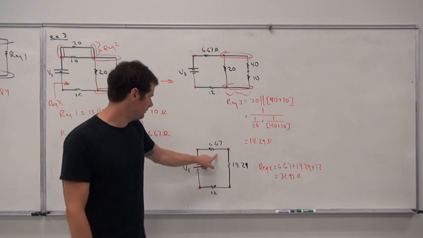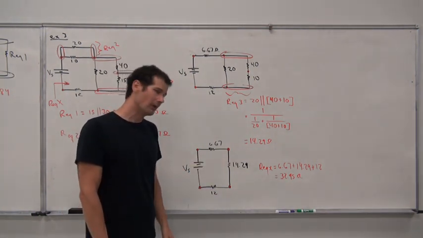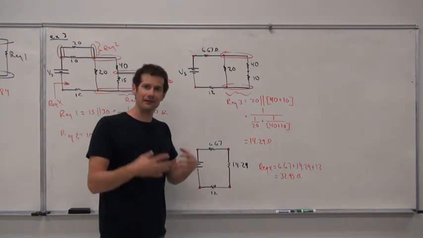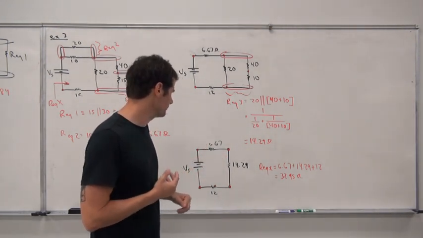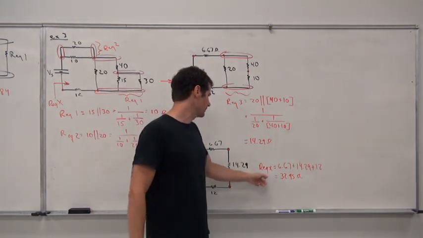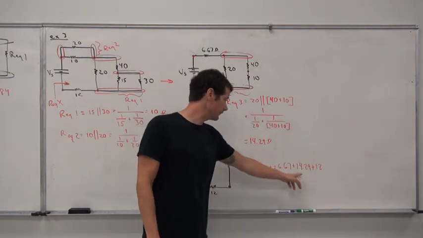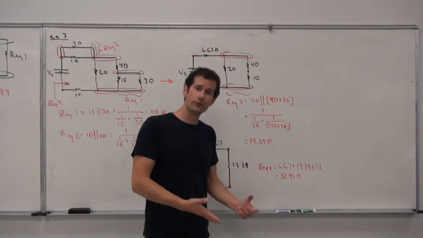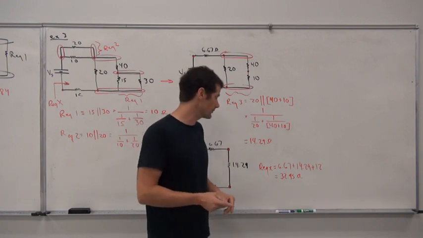Even though 6.67 is not directly connected to 12 in series, this guy in the middle basically holds that series relationship together. So in this case, the final resistance seen by that source would be 6.67 plus 14.29 plus 12, which gives us a total resistance seen by that source of 32.95 ohms.